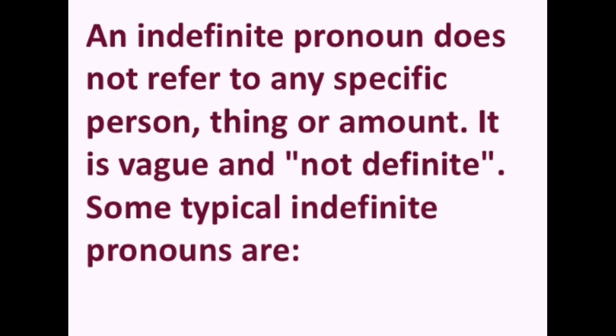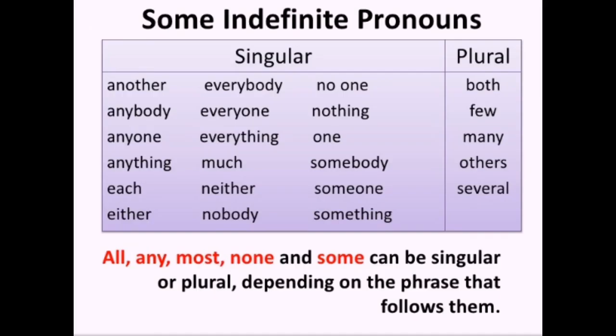Okay, now the next and the last kind is indefinite pronoun. An indefinite pronoun does not refer to any specific person, thing, or amount or anything. It is vague. Vague means which is blur, which is not specific, and it is not definite कि यही use होगा or any rule. Some typical indefinite pronouns are these, talk in general. Just see, these are some indefinite pronouns: another, anybody, anyone, anything, each, either, everybody, everyone, everything, much, neither, nobody, no one, nothing, one, somebody, someone, something.